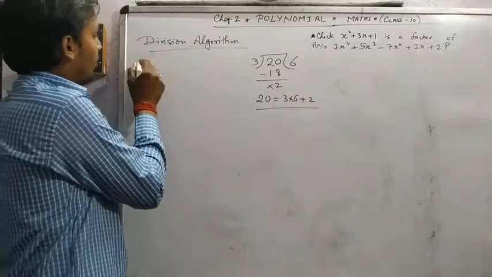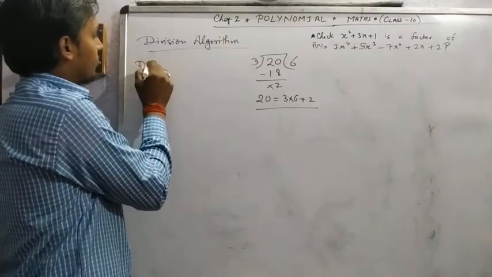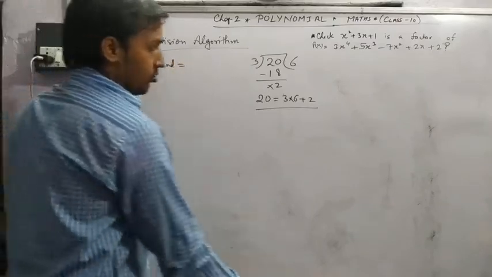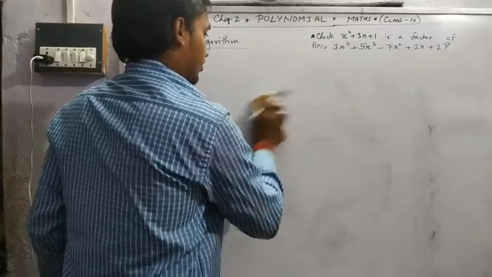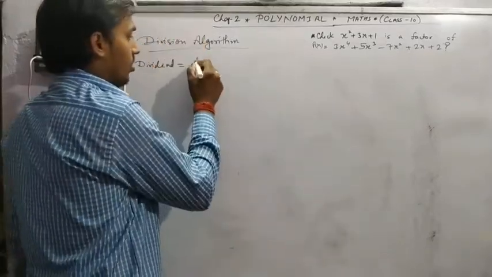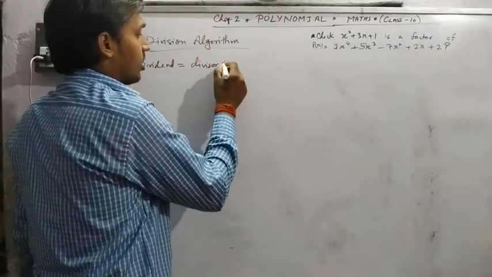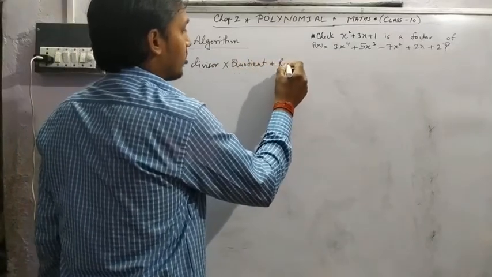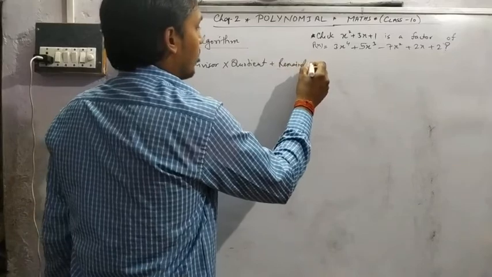So what do we write here? Dividend is equal to divisor into quotient plus remainder.